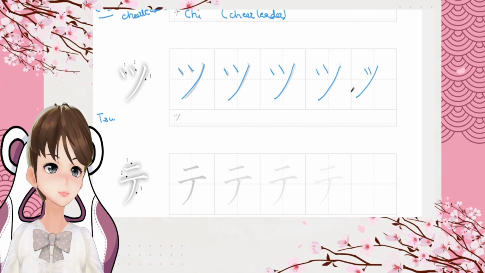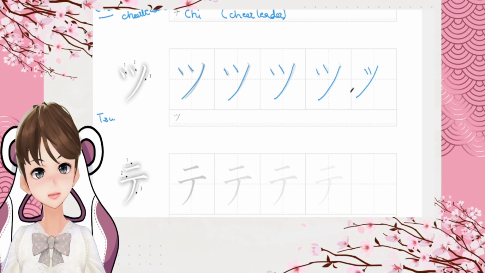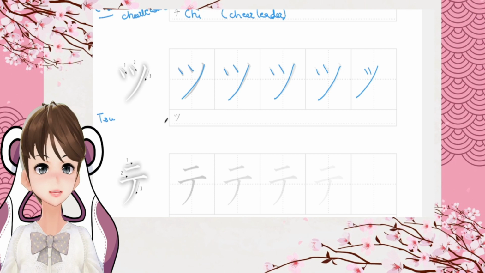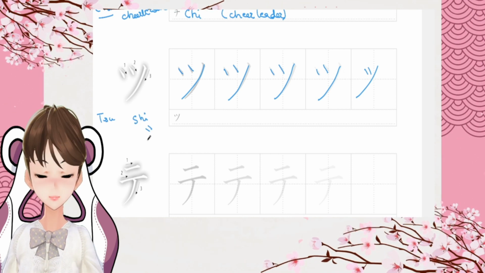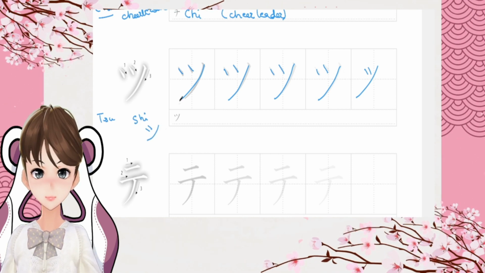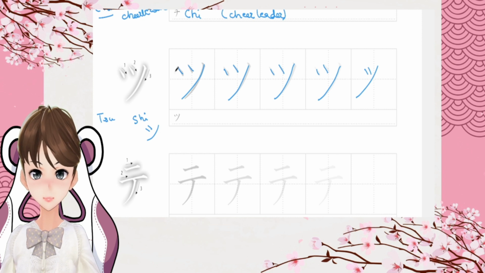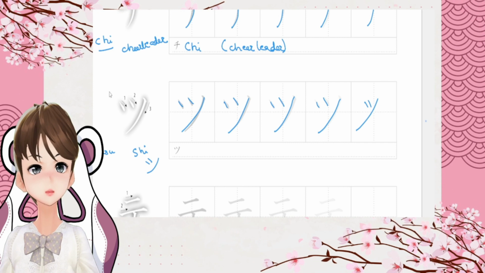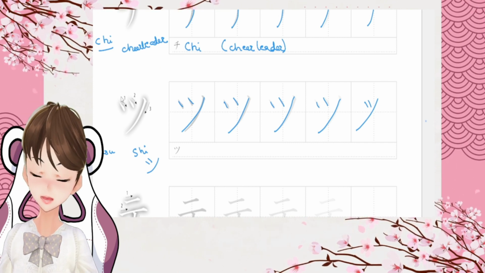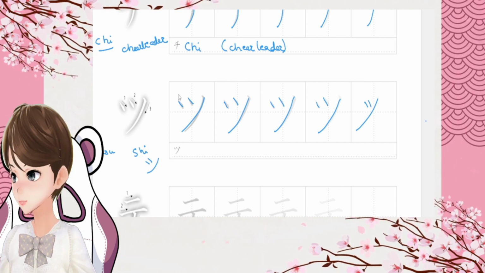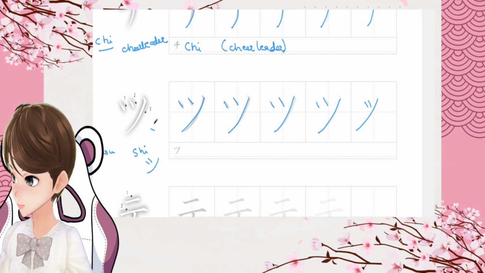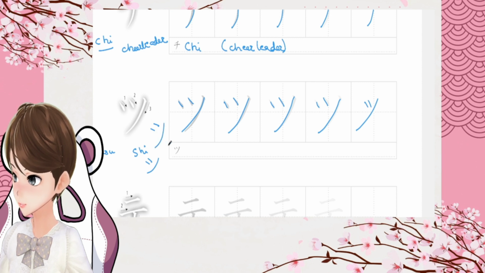Now, a lot of times, this character can be quite confusing with the shi character, whose last line goes up, while the su character goes 1, 2, and down. A few differences with the shi character: for the su character we have the second line, and then the top line, and then a line going down.